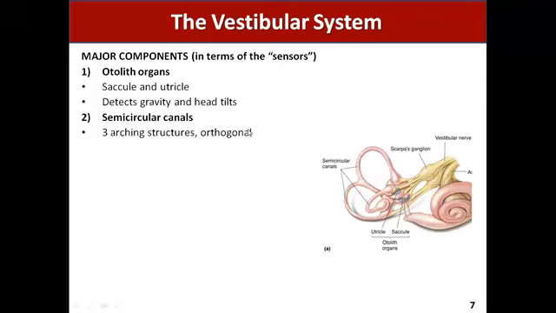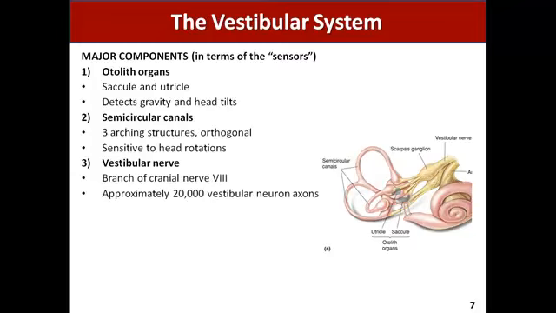But as mentioned earlier, they're composed of three arching structures which are orthogonal to each other, which is to say that they are positioned at approximately right angles to each other. And that's a handy thing for us, because that allows us to be sensitive to head rotations in space, to be sensitive to rotations around three axes of movement.